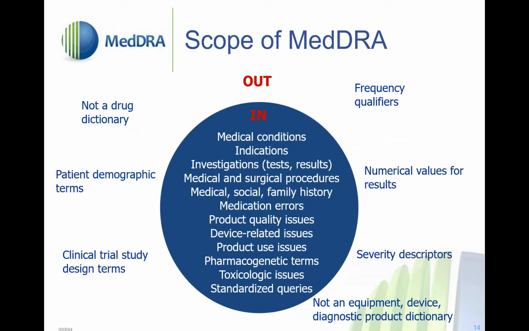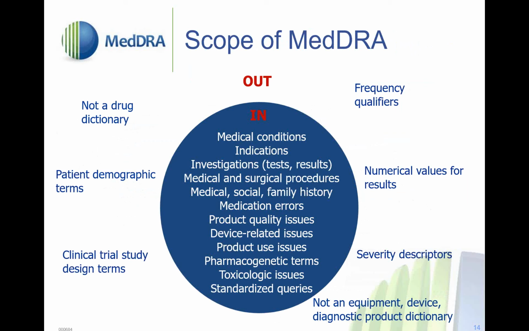But in general, those kinds of terminologies are not part of MedDRA, nor are frequency qualifiers. So you're not going to see terms like X number of times or frequently or rare. You're not going to see those kinds of qualifiers, although the qualifier intermittent may be found in MedDRA. Severity descriptors also are another example of data fields that have their own data collection and data summarization.